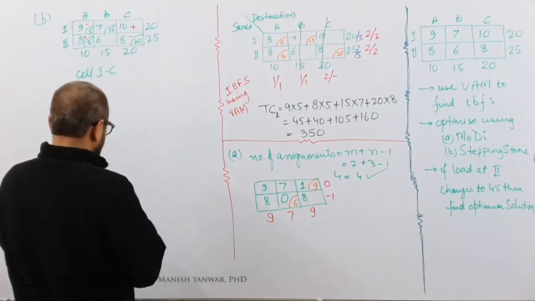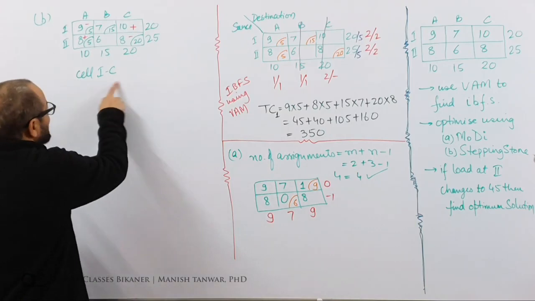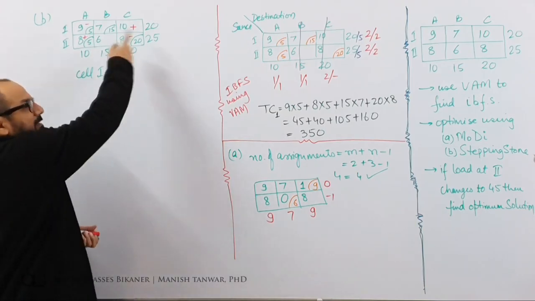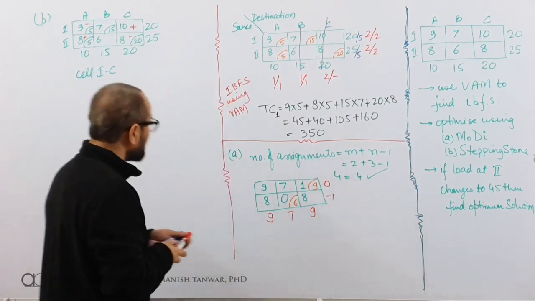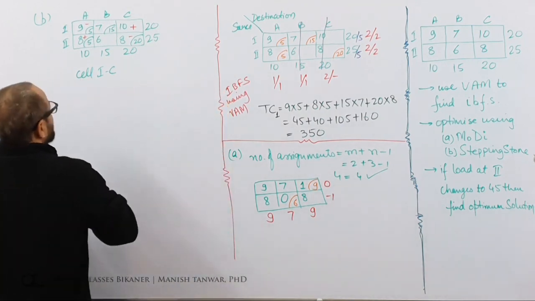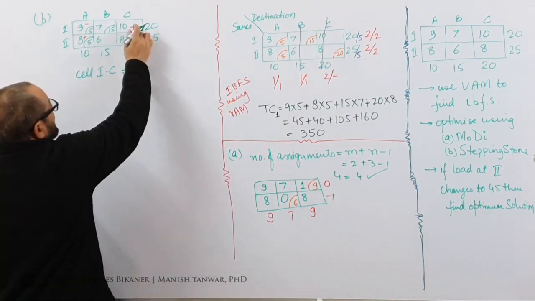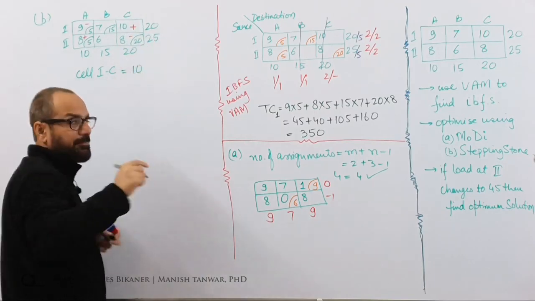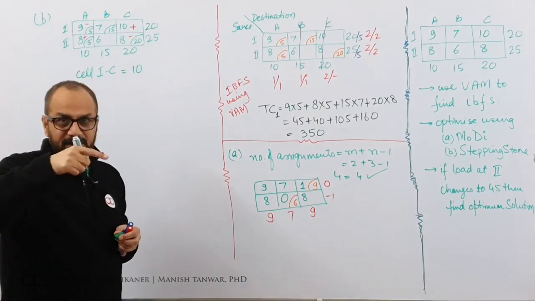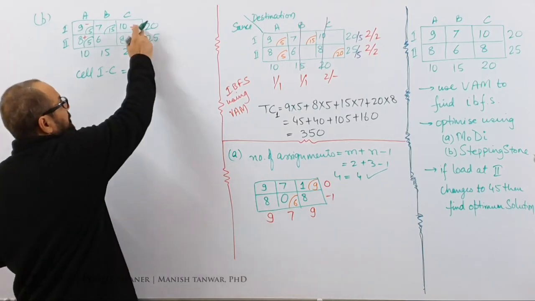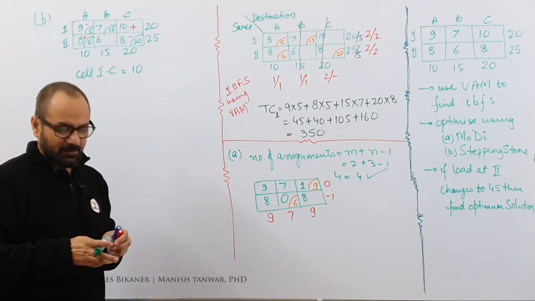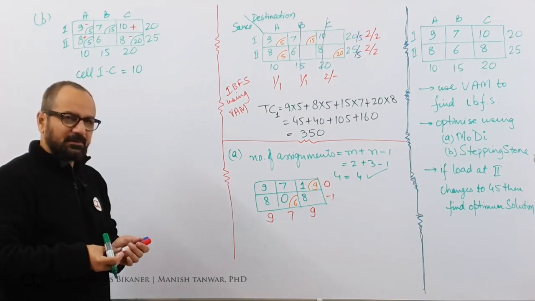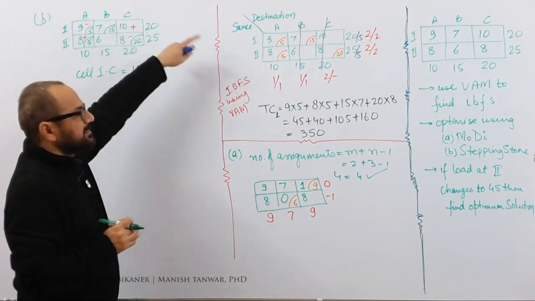So what is the value of cell 1C? If I try to explore the potential of cell 1C, the potential would be an increase of 10 rupees per unit. If I put a unit over here, I'll have to pay 10 rupees. In this case, it'll add 10 kilometers. Rupees are easier, so I'll call it cost only. Otherwise, it is distance.